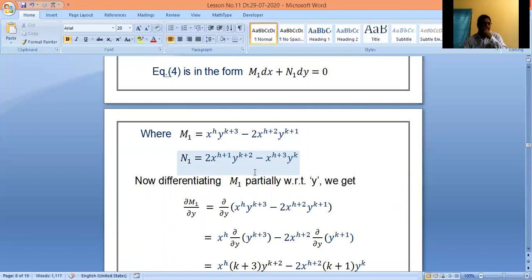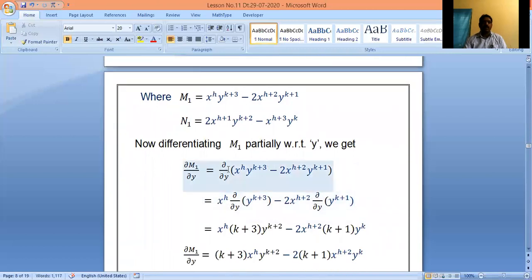Now, differentiating M1 partially with respect to y, we get ∂M1/∂y is equal to ∂/∂y of x^h y^(k+3) − 2x^(h+2) y^(k+1). Here, differentiating partially with respect to y, treating x as a constant.